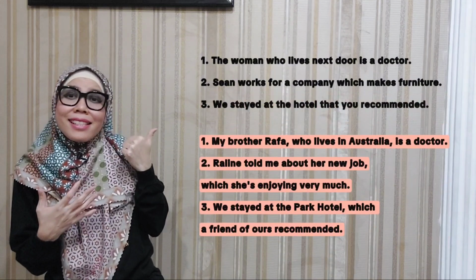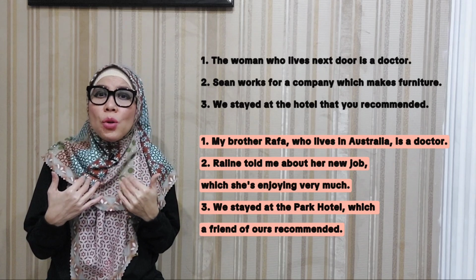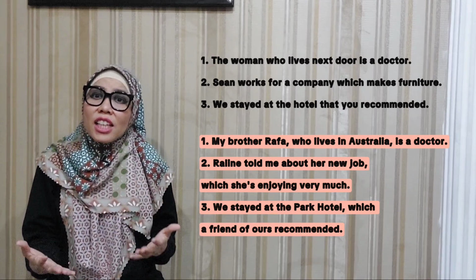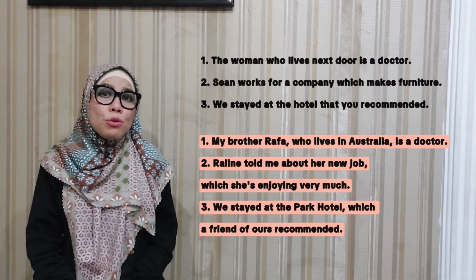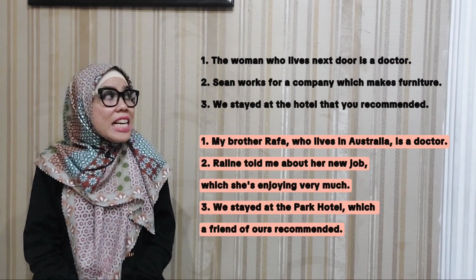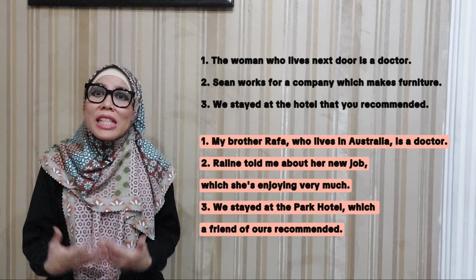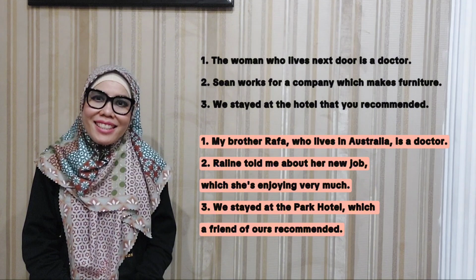Compare with these sentences. Number 1, my brother Rafa, who lives in Australia, is a doctor. Number 2, Ralin told me about her new job, which she's enjoying very much. Number 3, we stayed at the Park Hotel, which a friend of ours recommended.